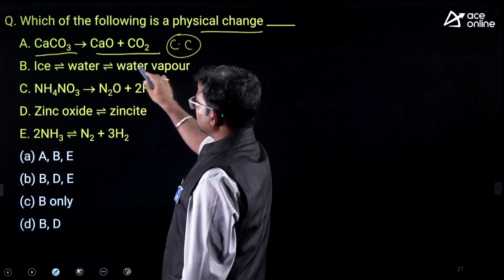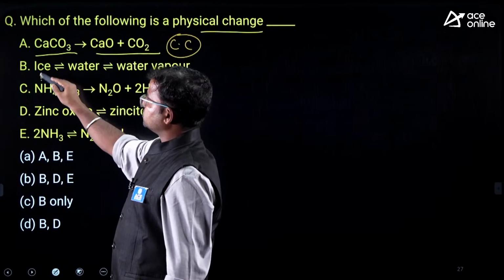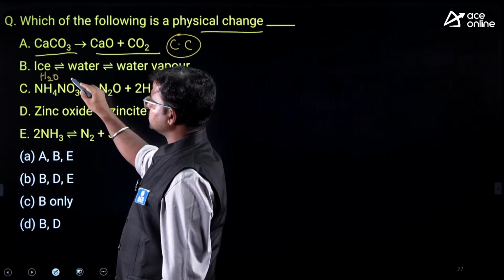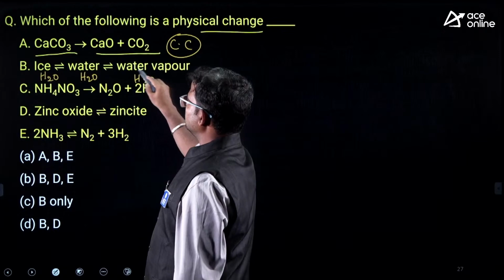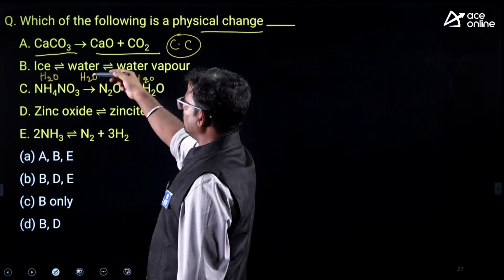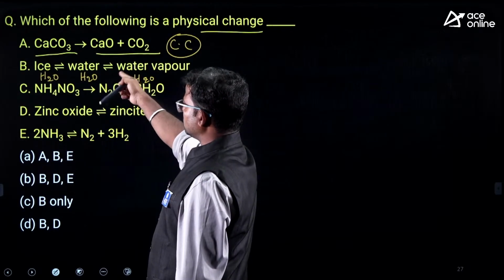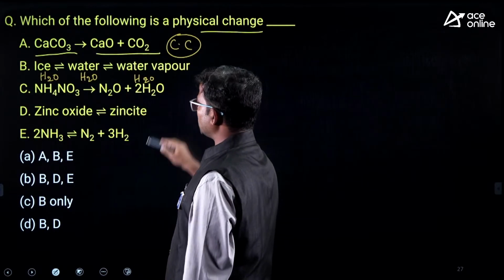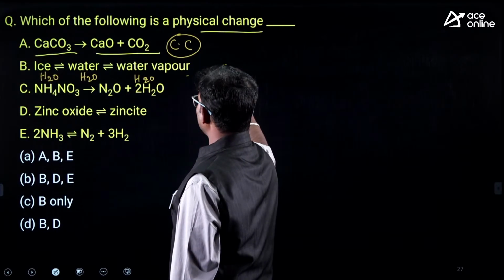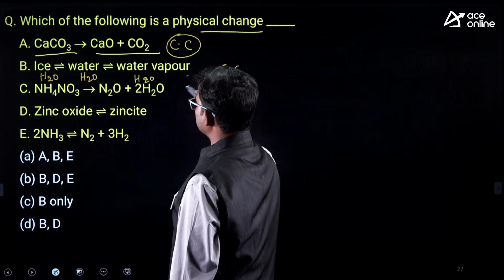Next, ice, water, water vapor. Ice has what chemical composition? Water, H2O. Here also H2O, here also H2O. So if you heat or cool these, there is no variation of chemical composition. That's why B is a physical change.